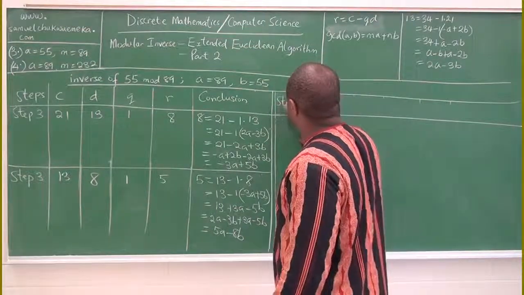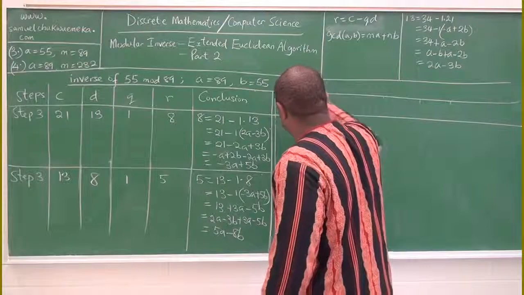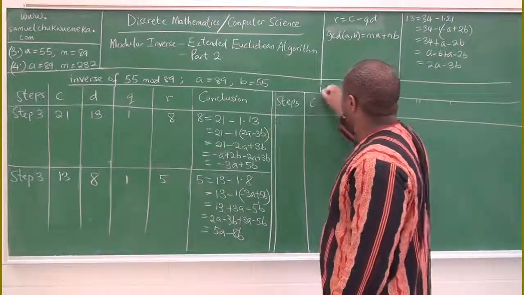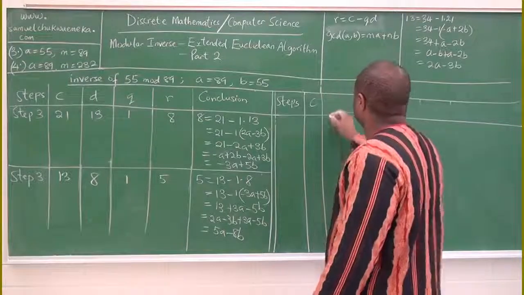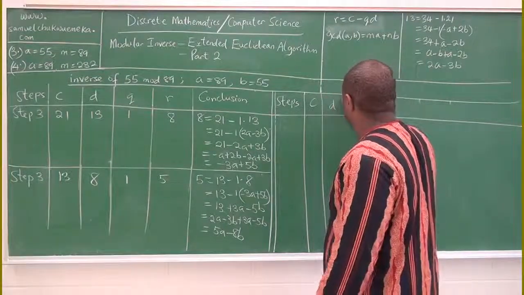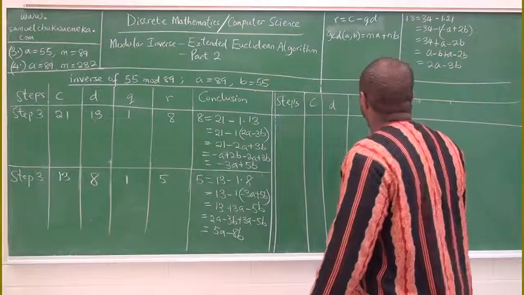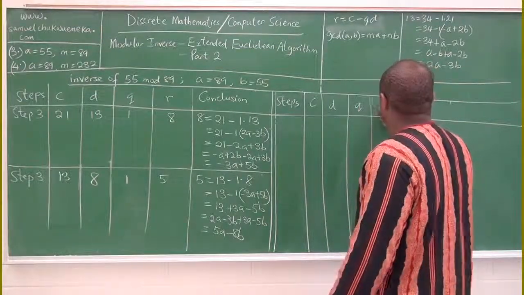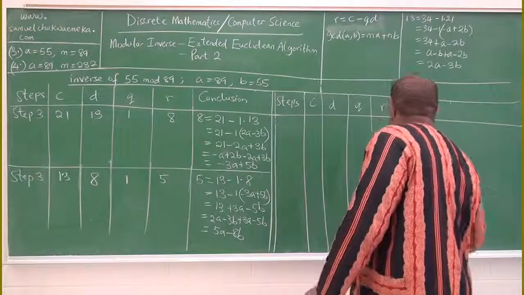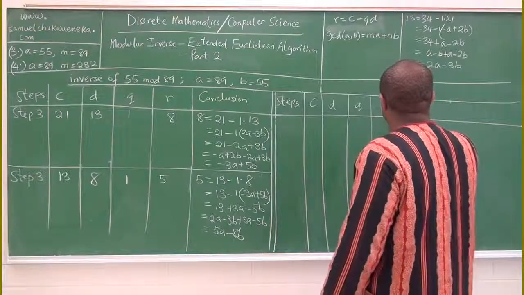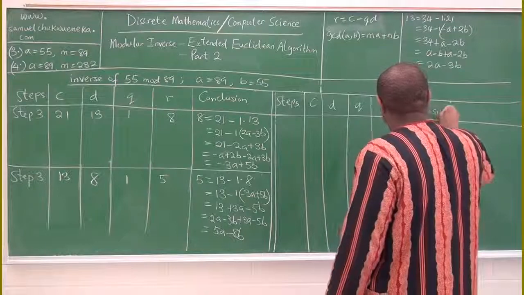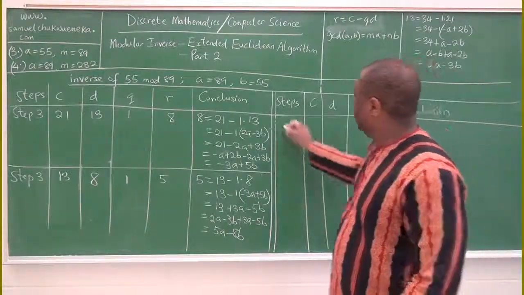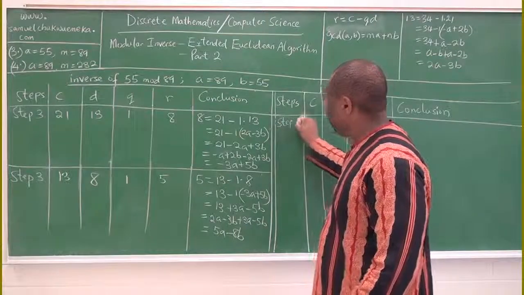Now steps. I have my steps here. Then C, D, Q, R, then conclusion. I think this is better. Okay. So we're still on step 3, right?